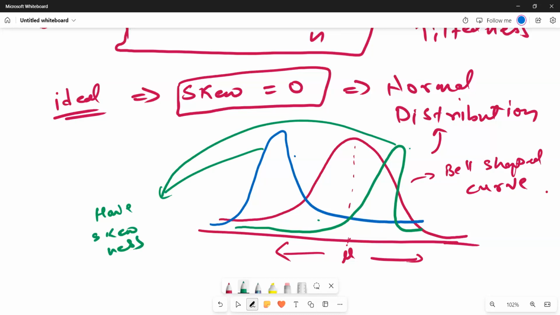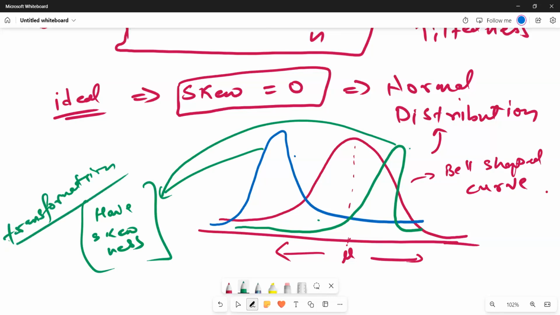And skewness is basically removed by carrying out transformations on your data, right? You learn about the transformation techniques that can be used to remove the skewness in your machine learning part. Here we are totally focused on understanding what skewness actually is, right?